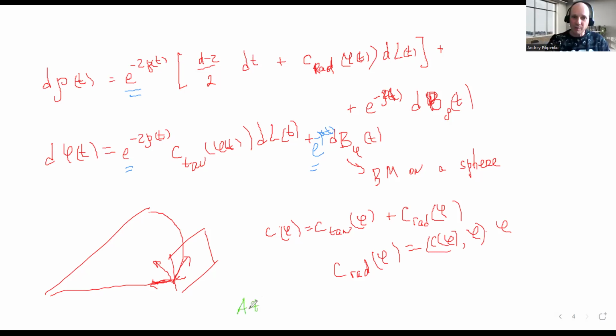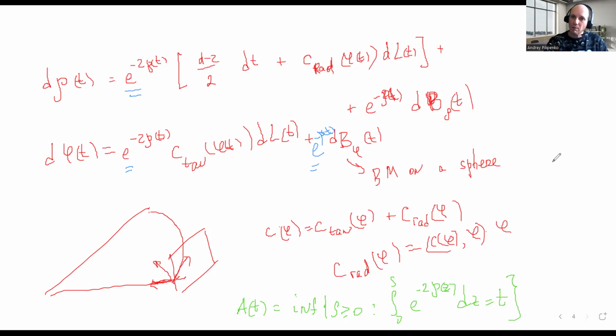A of t is the infimum of s such that the integral from 0 to s of e to the minus 2 rho z dz is equal to t.